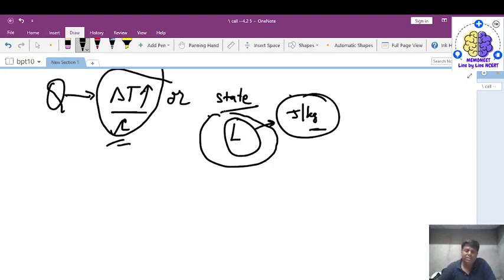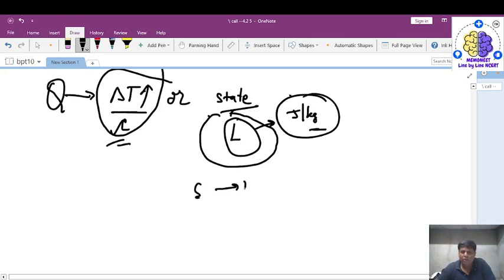Now, what are the changes in the state? Changes in the state are from solid to liquid, and from liquid to gas, or from gas to liquid, and from liquid to solid. Solid to liquid is known as melting, or also as fusion. Liquid to gas is known as vaporization, right?